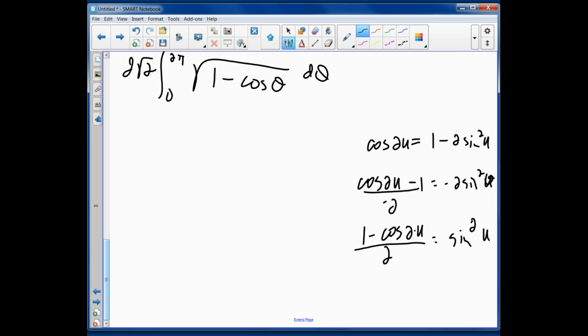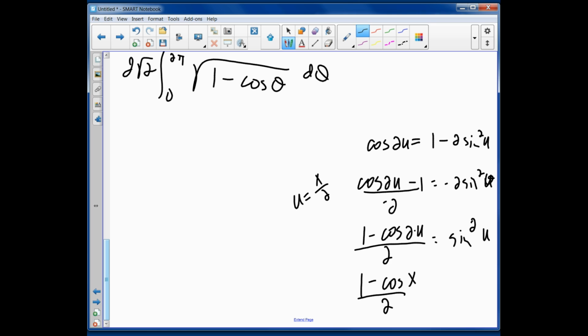How does it help us? You'll see in a second. Now, if I multiply both sides by 2, this is 1 minus cosine of x is equal to 2 sine squared x over 2.